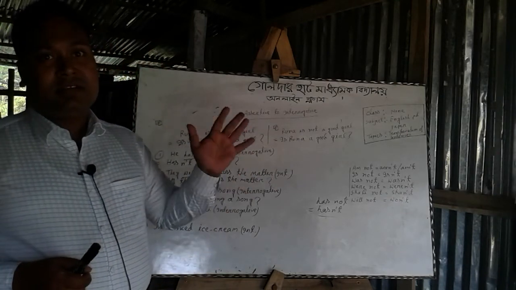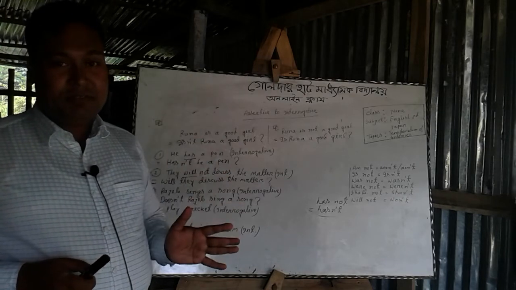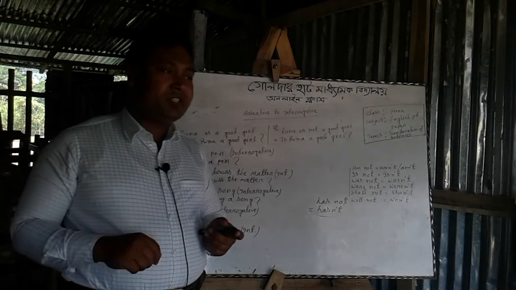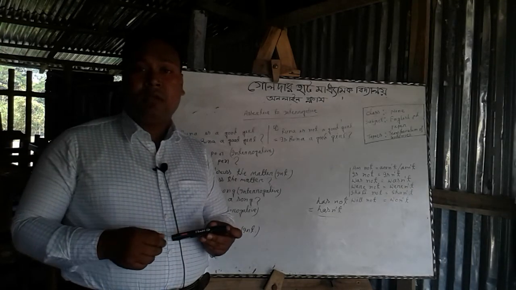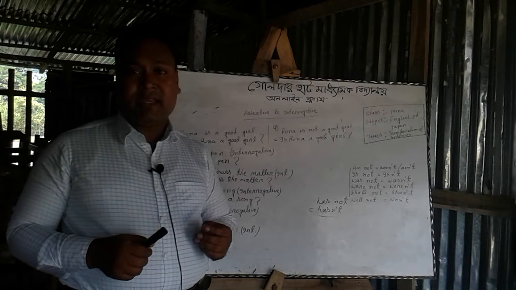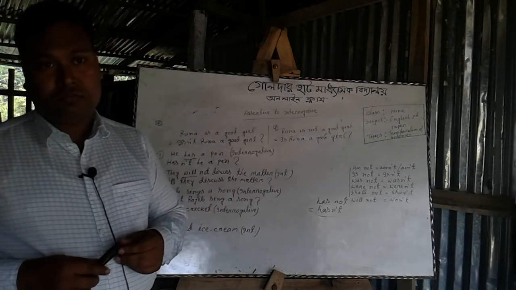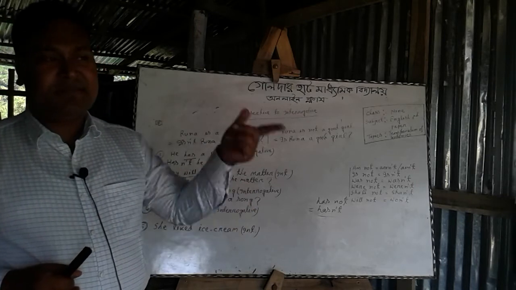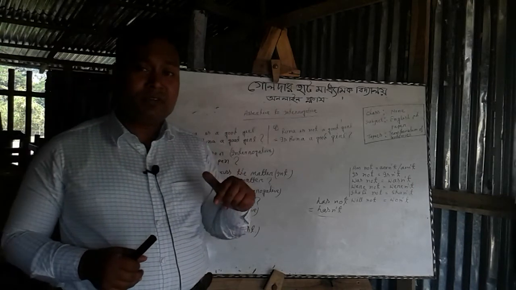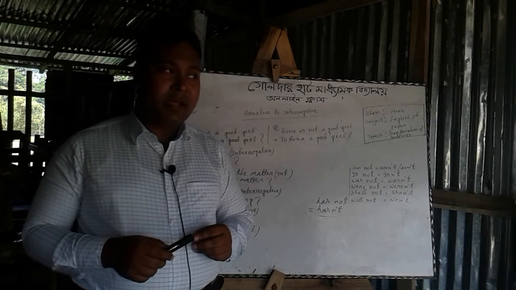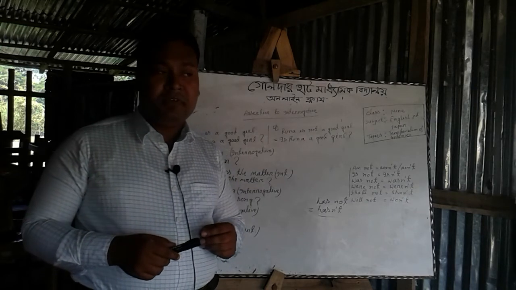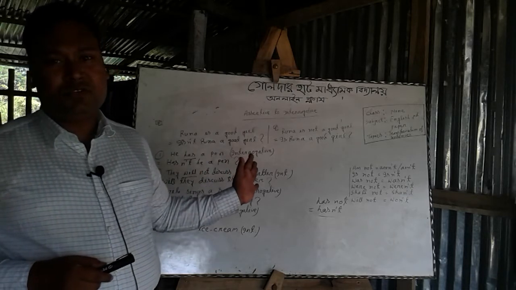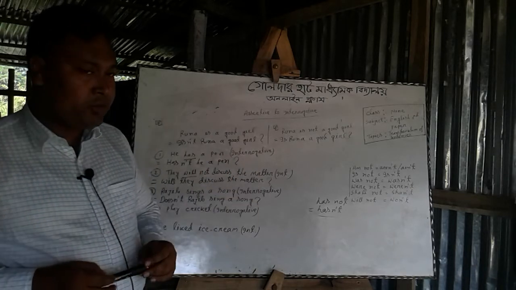If the sentence is present tense and the subject is first person, second person or third person plural, we will have to write don't before the subject of that sentence to transform it into interrogative.